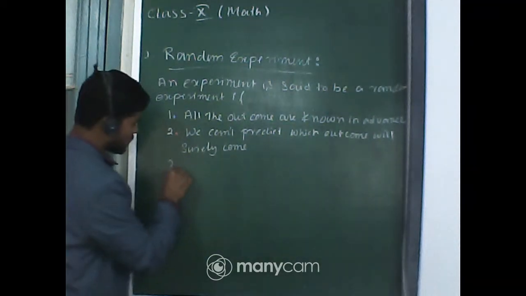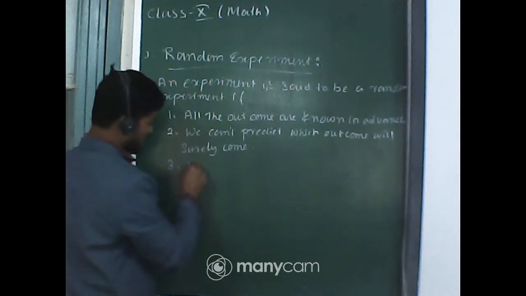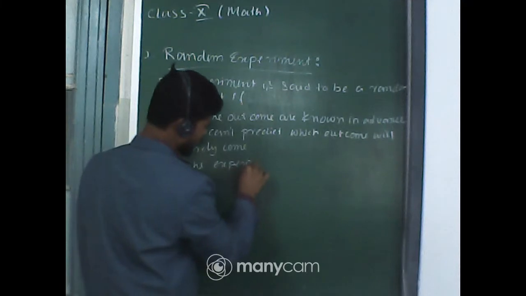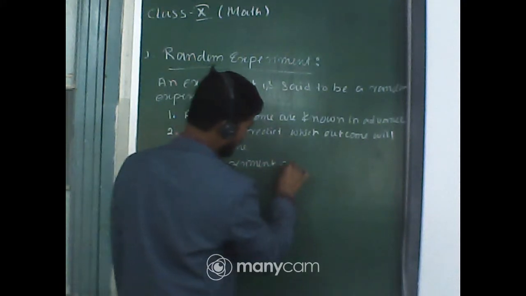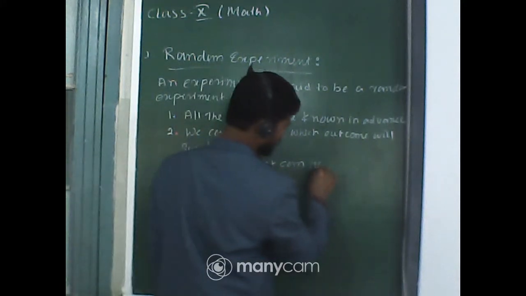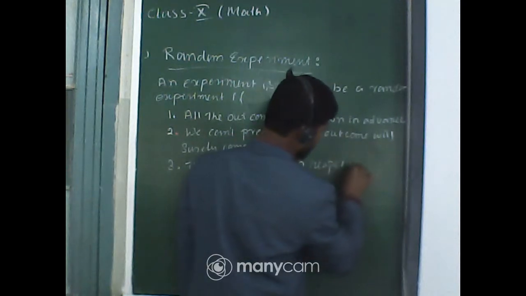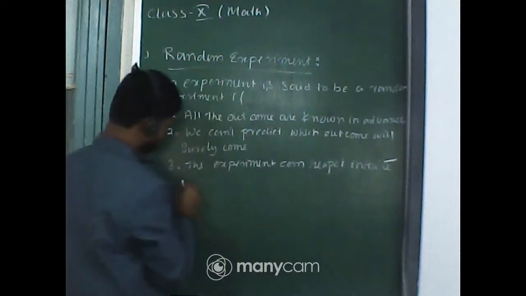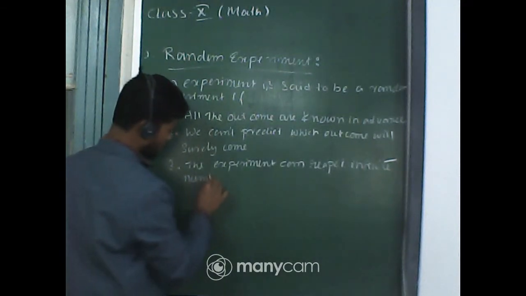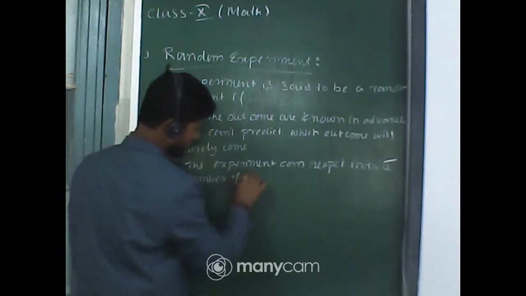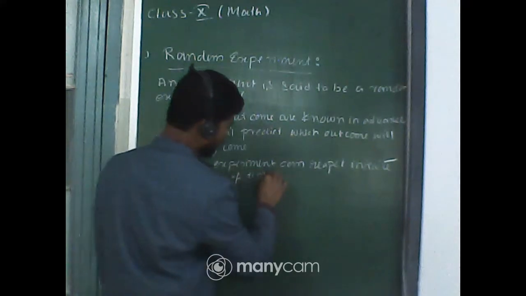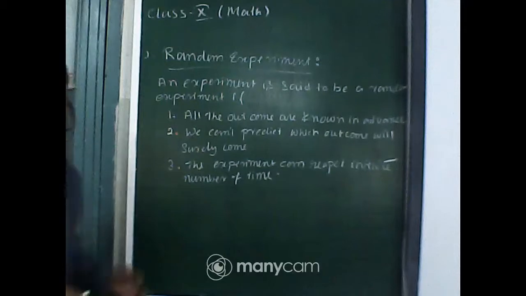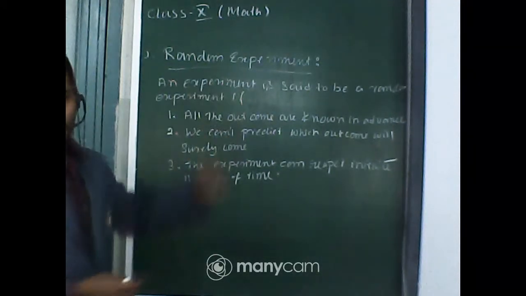And third is the experiment can be repeated infinite number of times. If any experiment satisfies these three conditions, then we can say that the experiment is a random experiment.